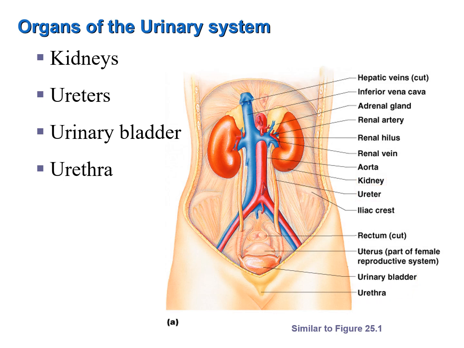This figure, which is similar to the one in your book, shows the major organs of the urinary system. These bean-shaped structures that you're looking at here are the kidneys. The kidneys are responsible for the production of urine.